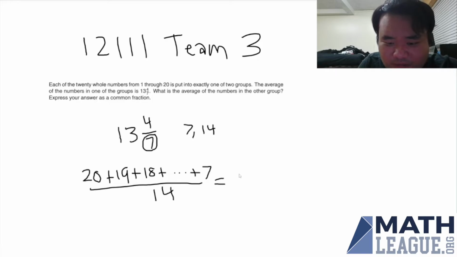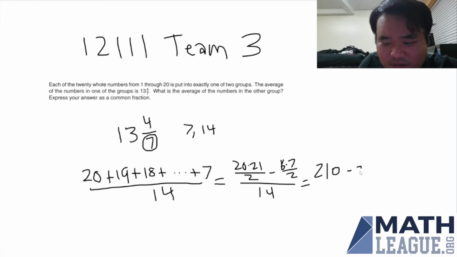We know that the sum of the first n whole numbers is equal to n times n plus 1 over 2. So we have 20 times 21 over 2 minus 6 times 7 over 2, over 14, which gives us 21 times 10, which is 210, minus 21 over 14, which equals 189 over 14.